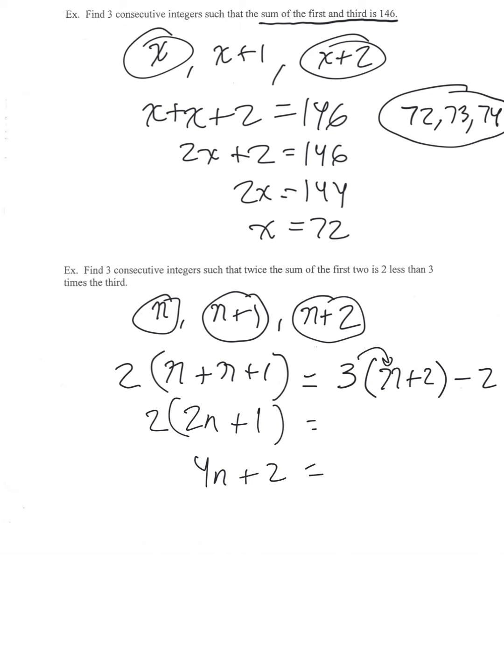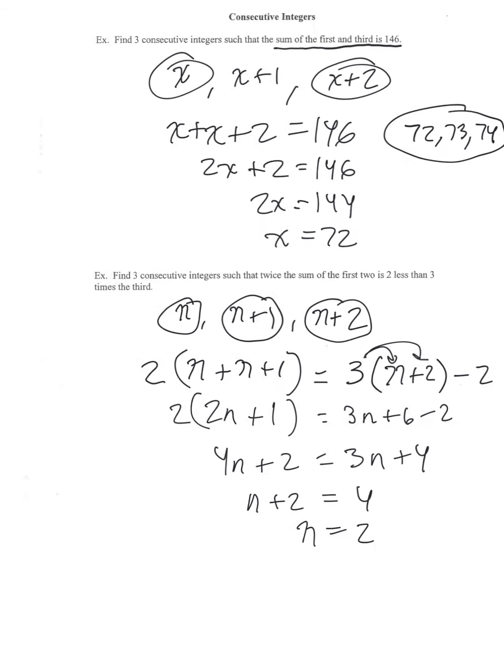It looks like I'm going to have to distribute my 3 here. So I get 3n plus 4. Subtract 3n from each side. And so I have n equals 2.